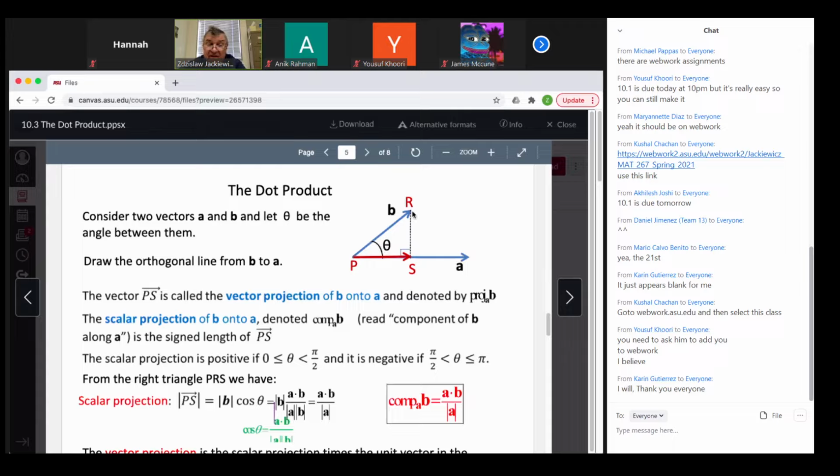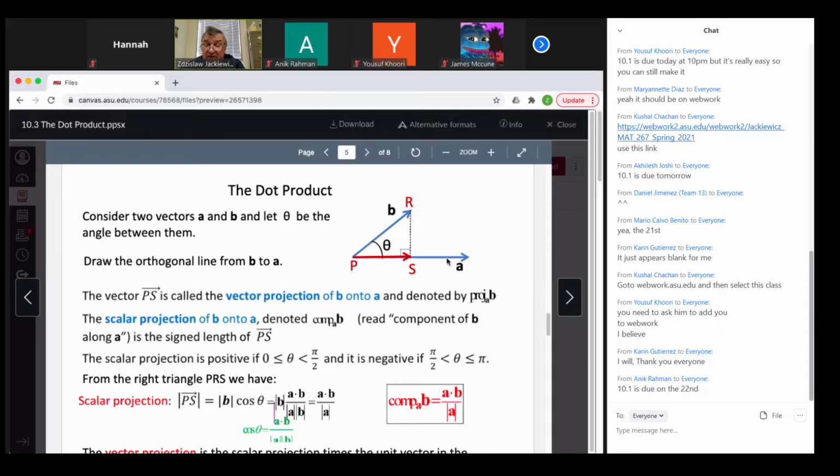Let's call this point P. Let's call the end of vector B by R, and let's project the point R onto the vector A. It's an orthogonal projection, so there's a right angle here, and the point you get when you do this projection, let's call it S. So you have vectors A, B, and you have points P, R, and S.